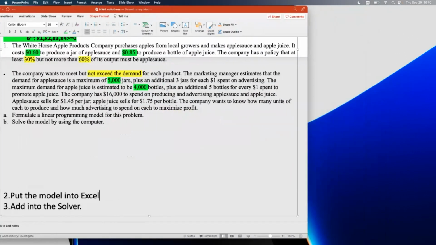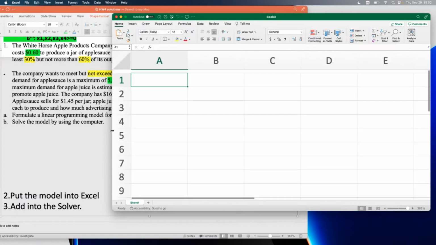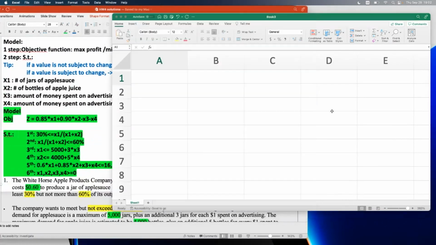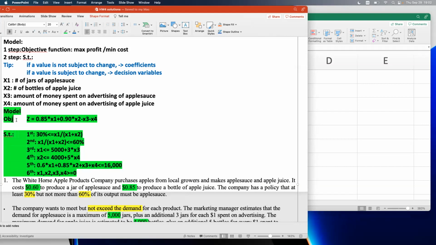So basically, let me open the Excel file. Once you got this module, the next steps are not that easy, but not difficult anymore. When you got your module, we start with identifying the decision variables, and we put the formula of the objective function and constraints.